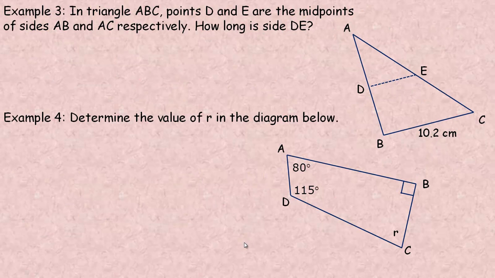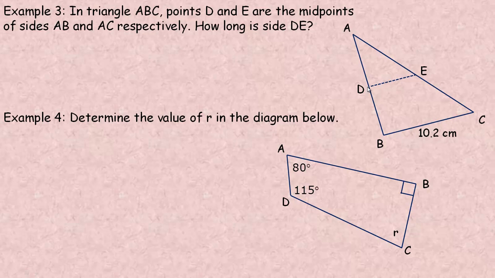Example number 3. And this is another property of triangles you should be familiar with. Points D and E are the midpoints of these 2 sides. Side AB's midpoint is D, side AC's midpoint is E, and we're asked how long is side DE.